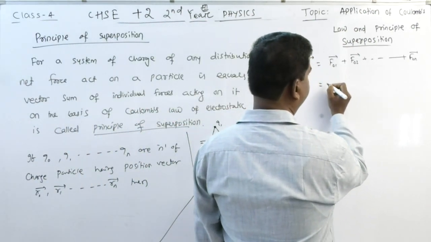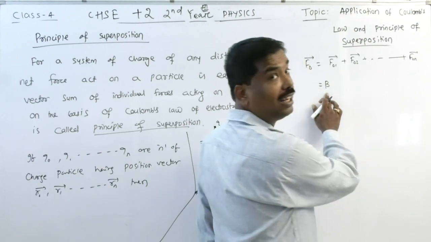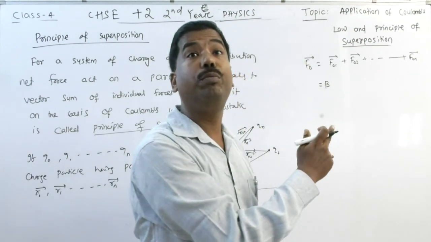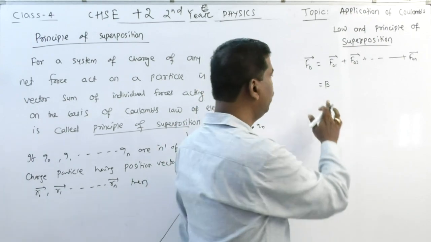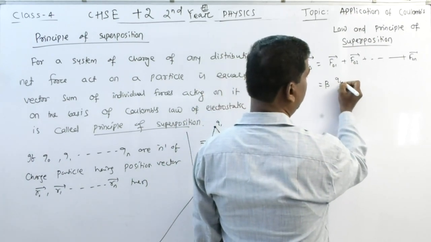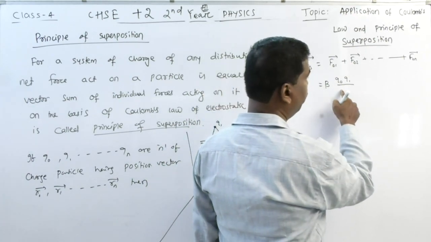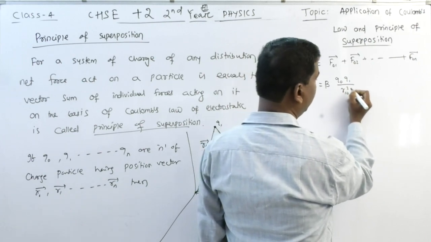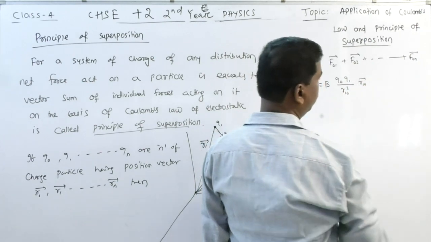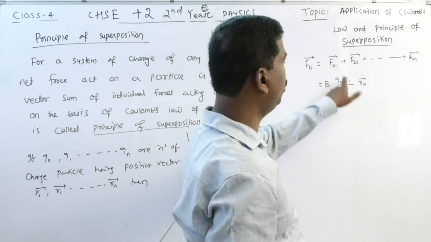Or I can write it as beta, where beta is the Coulombic force constant. Clear? So beta Q0 Q1 by R10 squared into R10 vector, because F01 means 10.